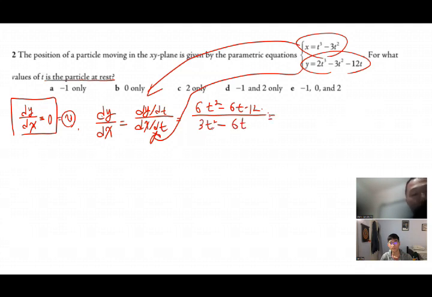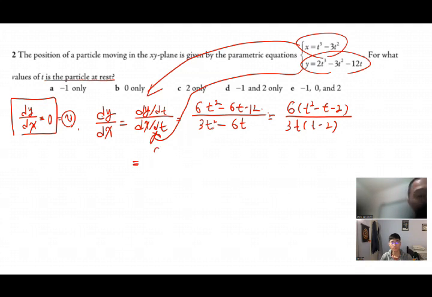So now, if you rearrange it, that should be 6 times t squared minus t minus 2 over 3t times t minus 2. And t squared minus t minus 2 can be re-expressed as linear factors in t.